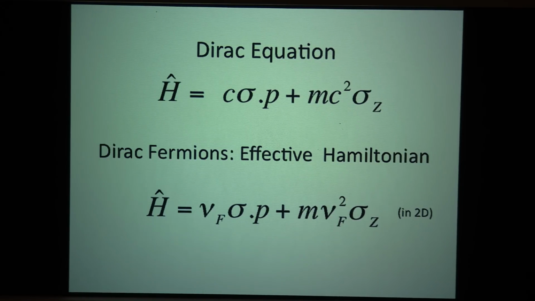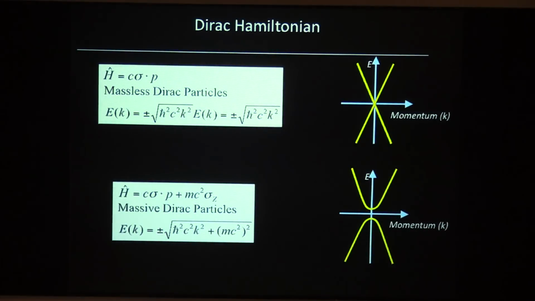Okay? And in particular, for the topological insulators that we'll be talking about, the mass term also goes to 0. So the Hamiltonian is very simple, and the electrons look exactly like relativistic massless Dirac fermions. And that gives rise to many, many interesting properties in these systems.